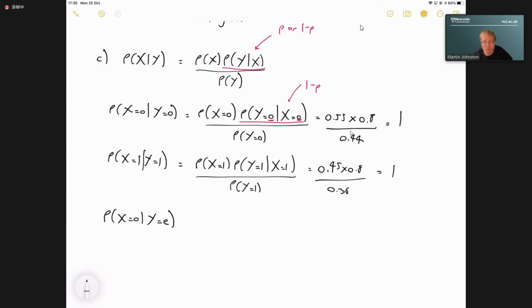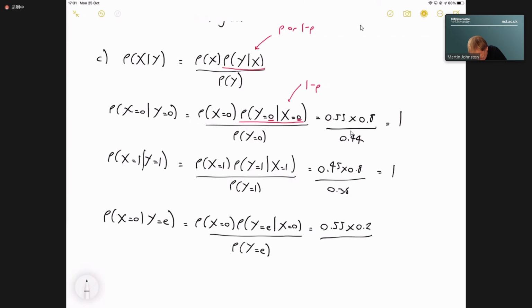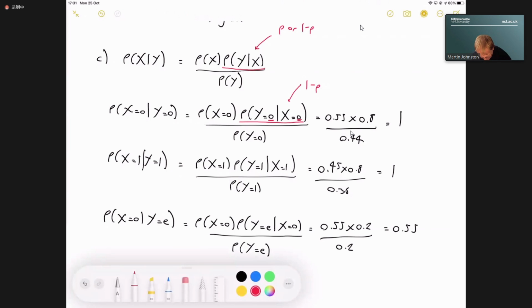Now obviously that won't be 1, because there are 2 ways of getting an erasure. Putting the values in, we get 0.55. And again, it's another interesting result because this term here is P.